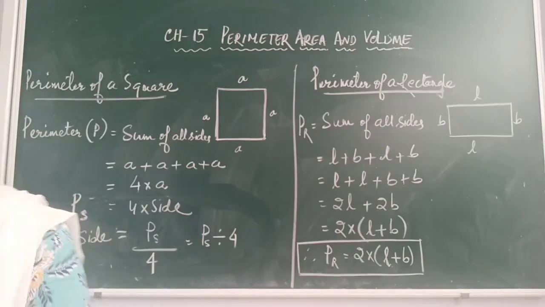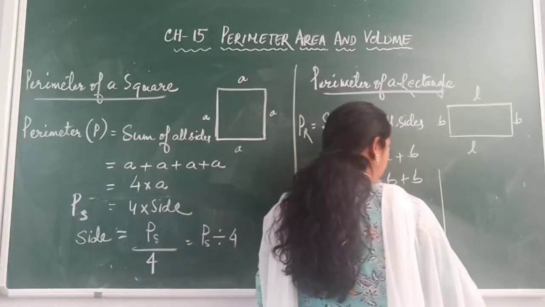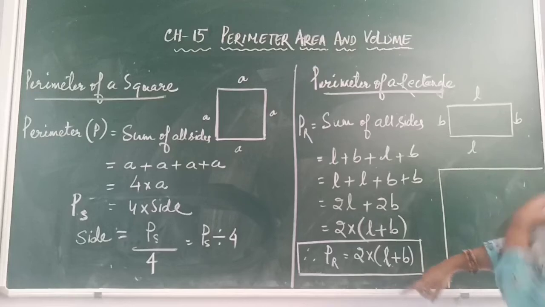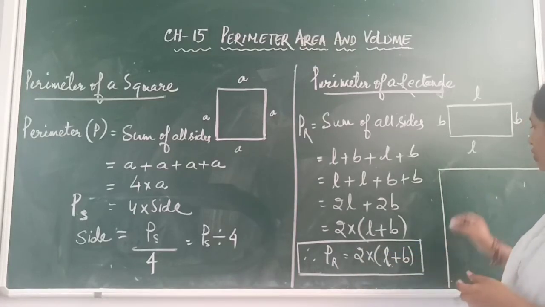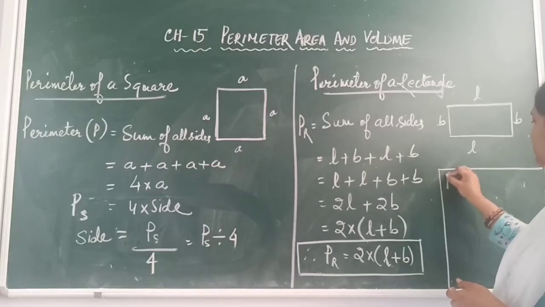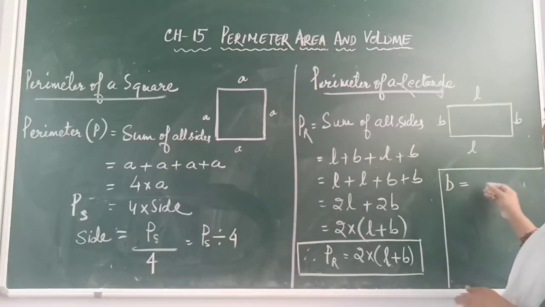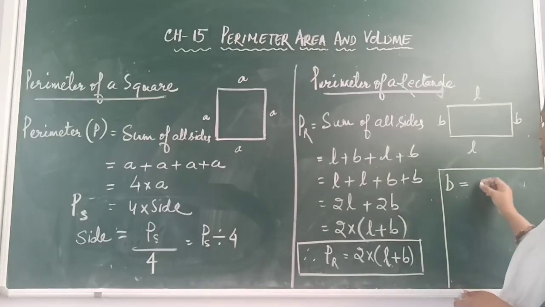Now, other than this, sometimes you may be asked to find the length when the perimeter and breadth are given. Then what will you do? For this also I am giving you the formula for finding the breadth when perimeter and length are given.